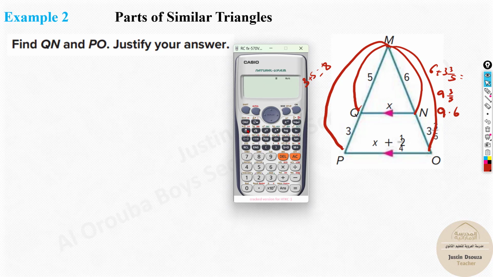Or can you see the symbol here above division? You need to press shift and this. Now put 3 here and 3/5. What is the answer? 18 by 4, 3.6. Now this is 2 1/4. You can do shift and this to get 1/4. Okay, this is 2.25.